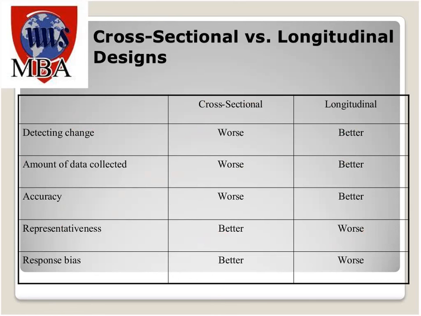If you want to compare these two types of time horizon, for cross-sectional you see that representativeness and response variance are better, but for longitudinal, detecting change, amount of data collected, and accuracy are better. So if the accuracy and validity of the research is more important for you, it's better that you do it longitudinal.